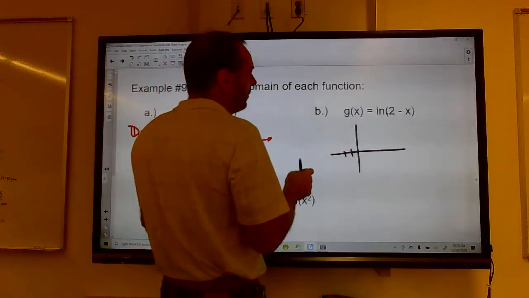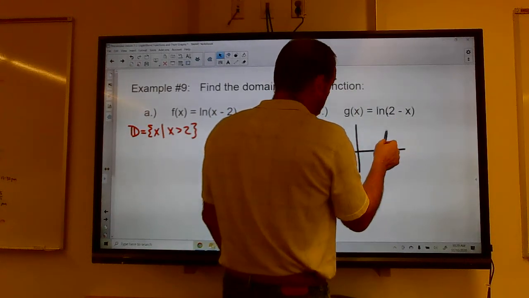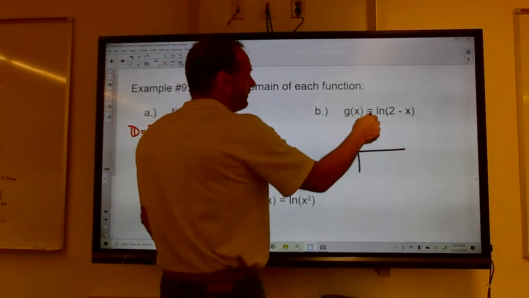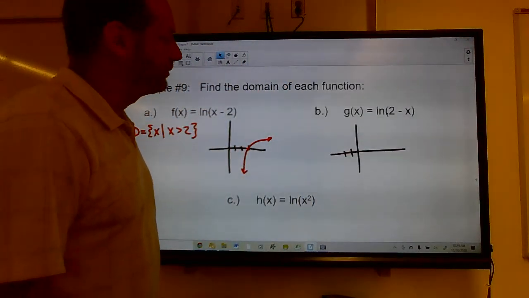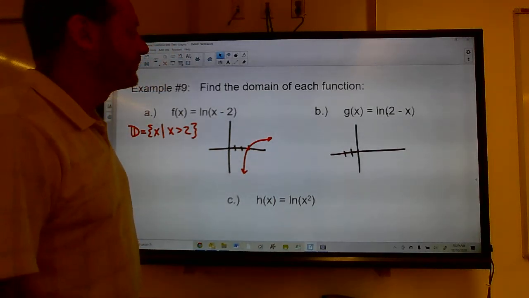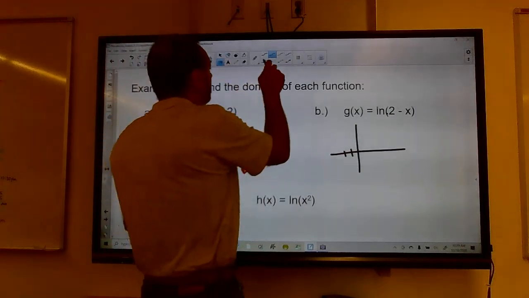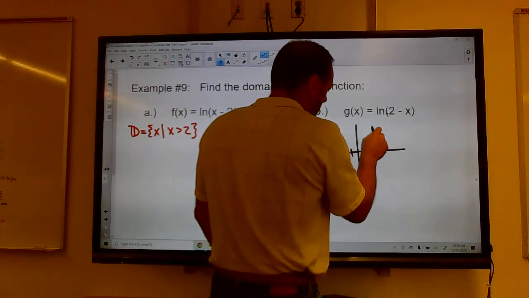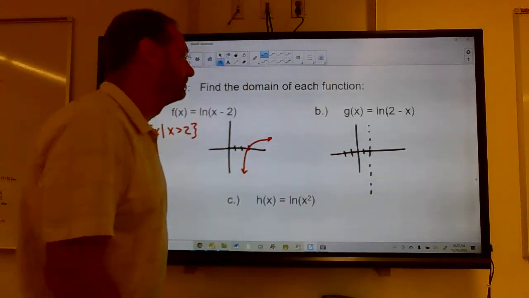Okay, so I can't put in anything bigger than 2 because if I do, this is the natural log of a negative number. I can't put in 2 because if I put in 2, then I get natural log of 0, which I can't do. So this thing is going to have an asymptote at 2.